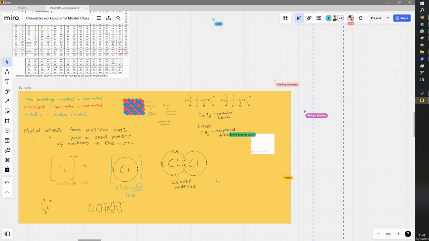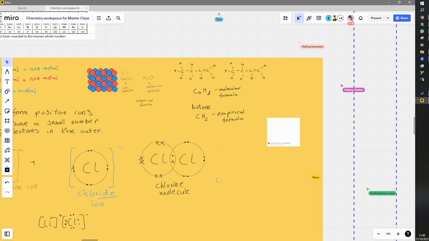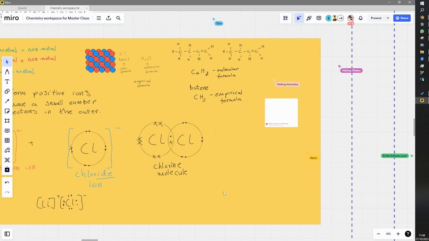H2O. So let's draw a water molecule. Now we've got 3 atoms, but the hydrogens don't stay together, so I can give them just a dot maybe. And then the oxygen's in group 6, so it's got 6 electrons in the outer shell.